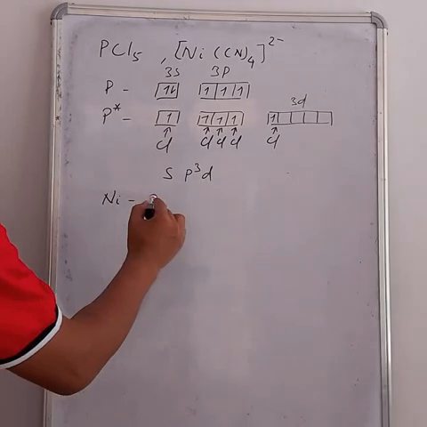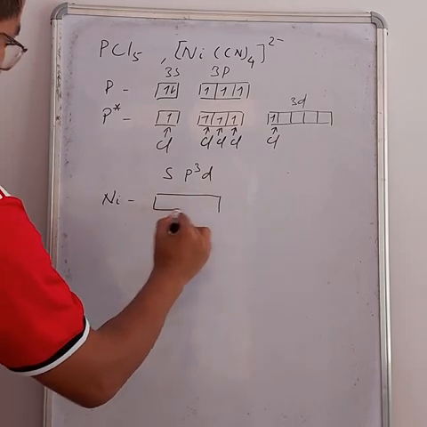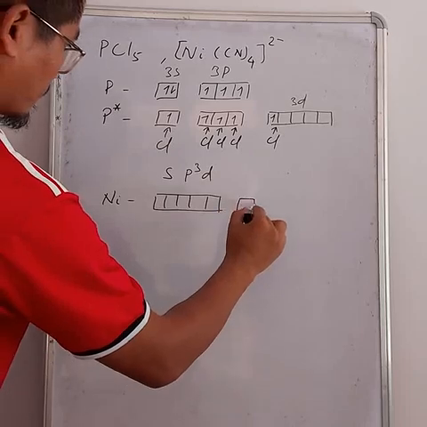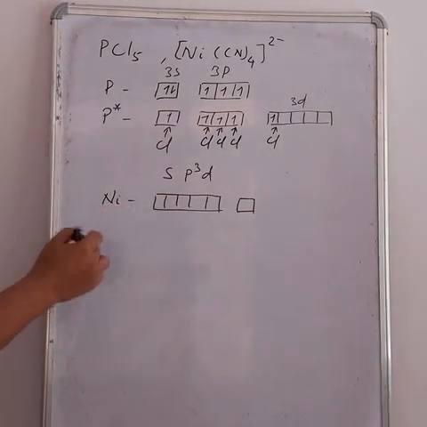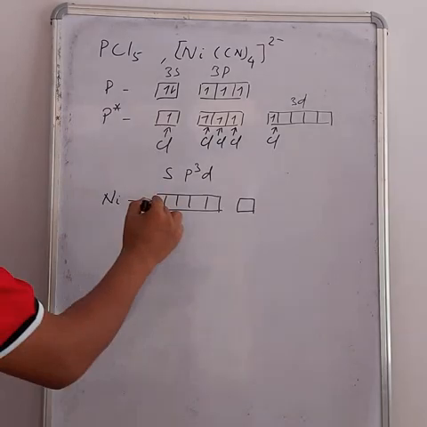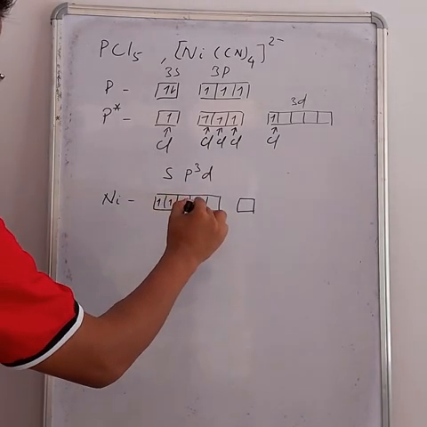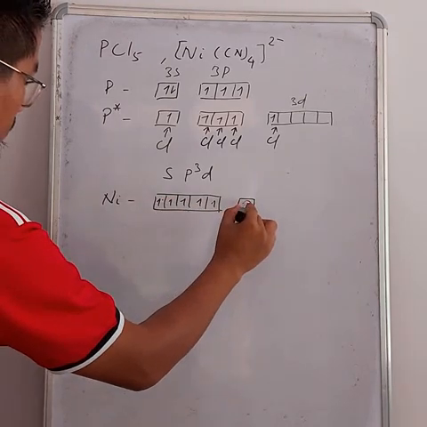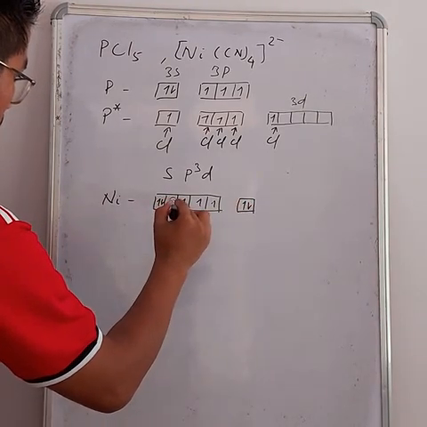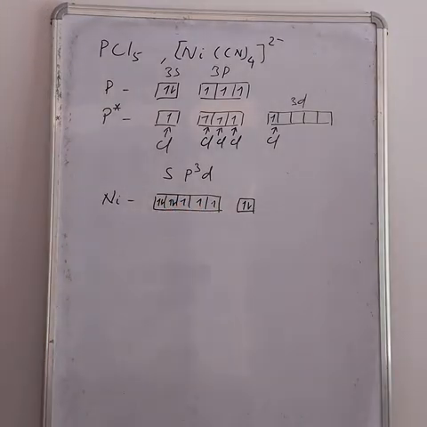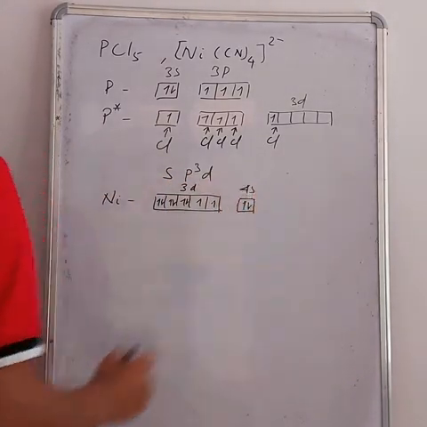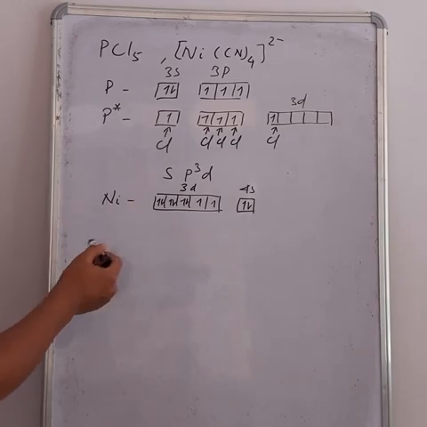So in the d orbital, 1, 2, 3, 4, 5, and then 4s, 3d, 4s. So 1, 2, 3, 4, 5, 6, and then 7, 8, 9, 10 valency. 3d here and 4s. So this is the ground state.